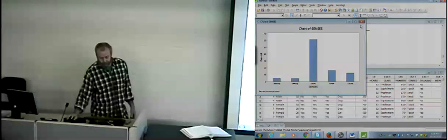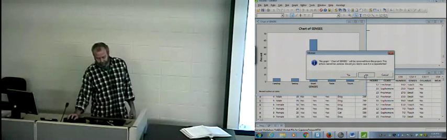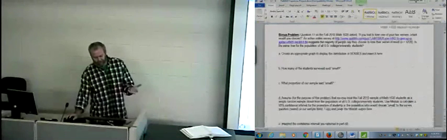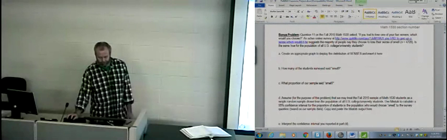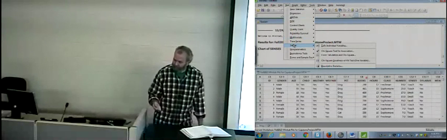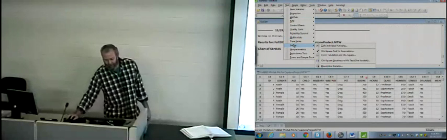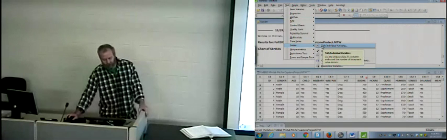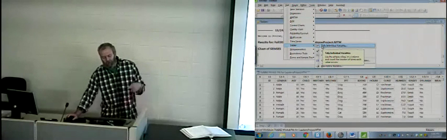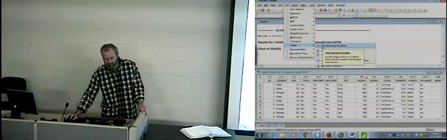That's your graph. It says, how many of the students surveyed said smell? Here's the way you do that. Stat, tables. We want it to count things up for us. I want to tally individual variables. That was stat, tables, tally individual variables.